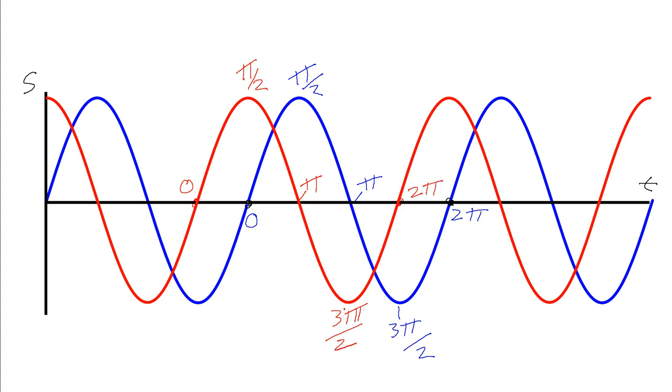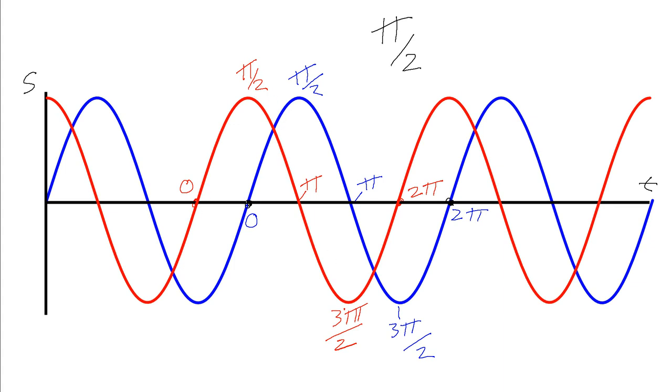And so we can see where the blue wave is at 0 phase, the red wave is at pi/2 phase, where the blue wave is at pi, the red wave is at 3 pi/2. And so we can describe this offsetting between these two waves as a phase difference. What's the difference in phase at any given point? And so we can see that throughout this we've got a difference of pi/2 in the phase.